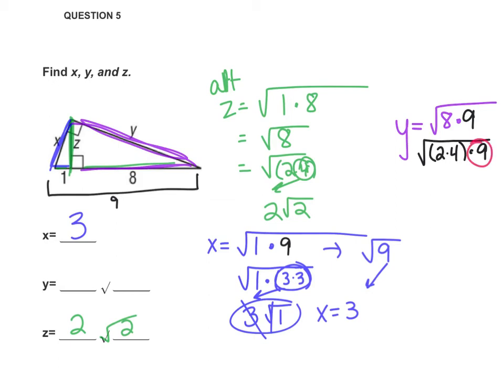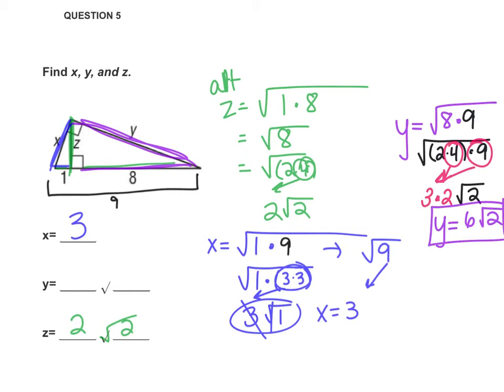So I'm going to say 9 becomes 3 because that's a perfect square. 4 turns into 2 outside of my radical because the square root of 4 is 2. And then we are left with the square root of 2 on the inside. So y equals 3 times 2, which is 6, square root of 2.